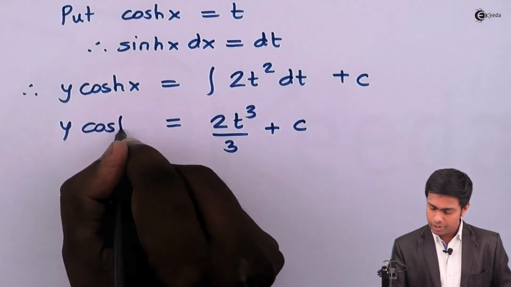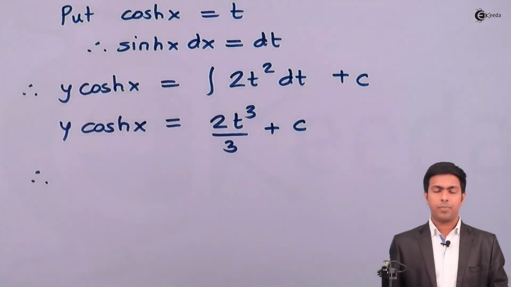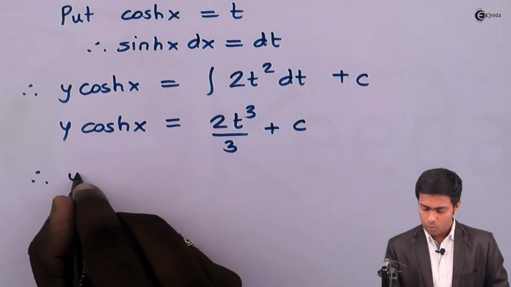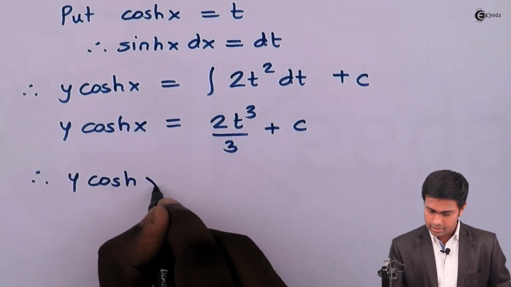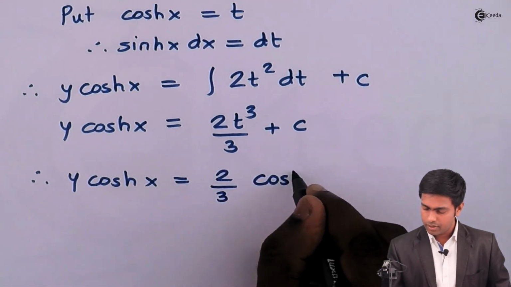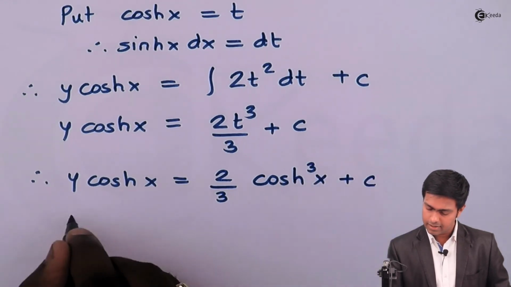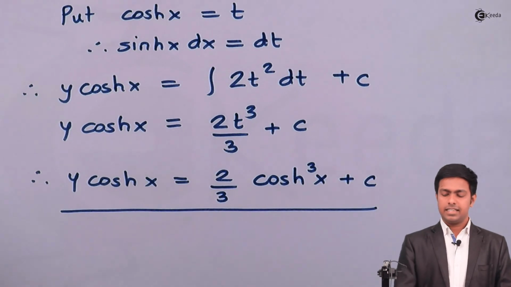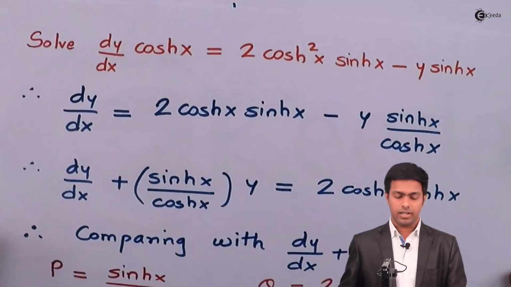Therefore substituting t as hyperbolic cos x, we'll get y into hyperbolic cos x is equal to 2 upon 3 hyperbolic cos cube x plus c. So guys, this is the solution of the given differential equation.